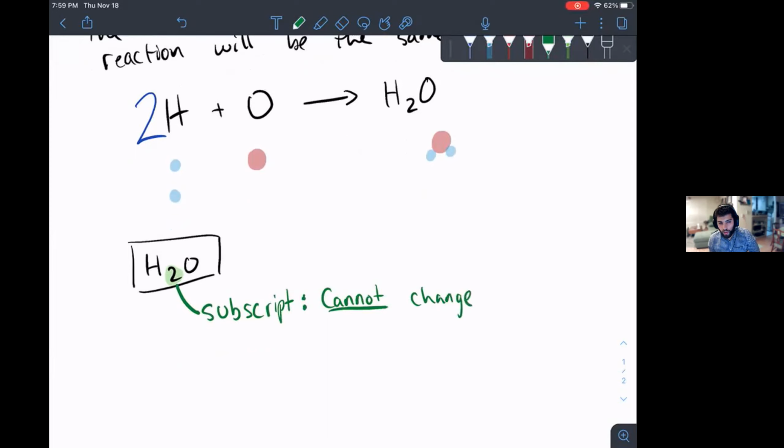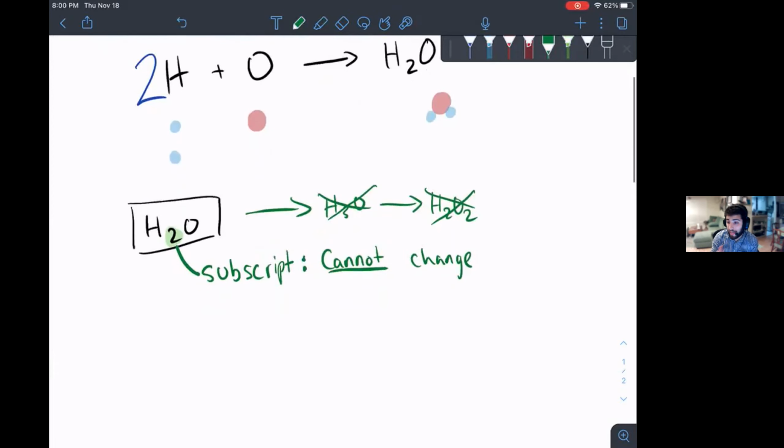So H2O is always H2O. It is not H3O. It is not H2O2. When we change the subscript, it becomes a different molecule, and we cannot change the molecule because that's not what we're doing.